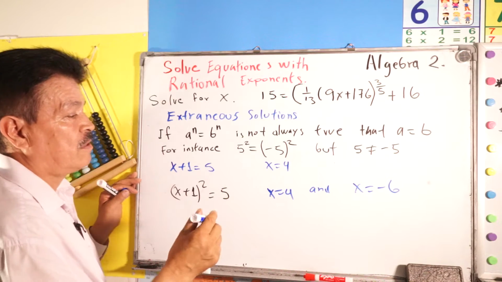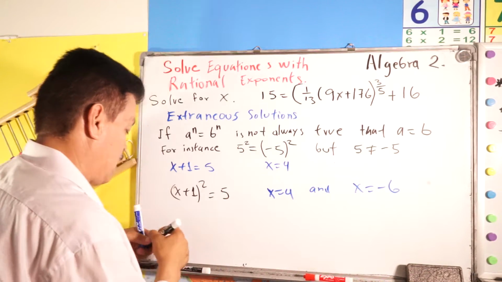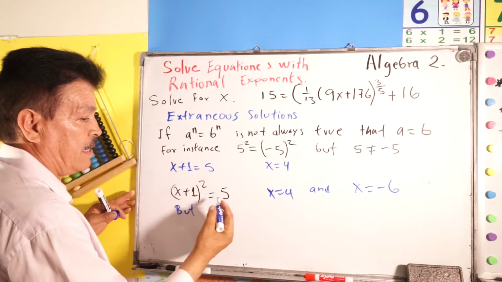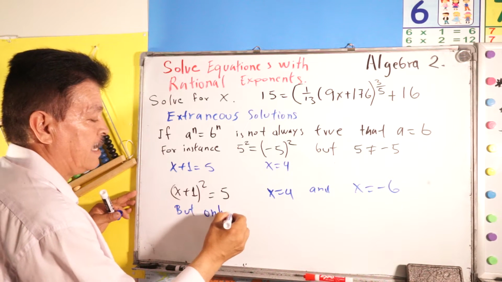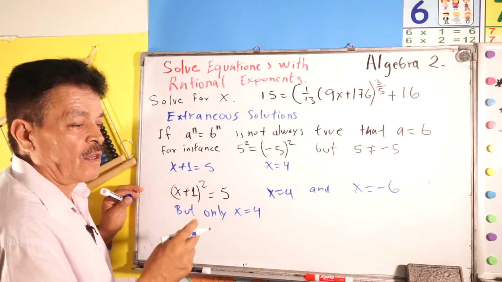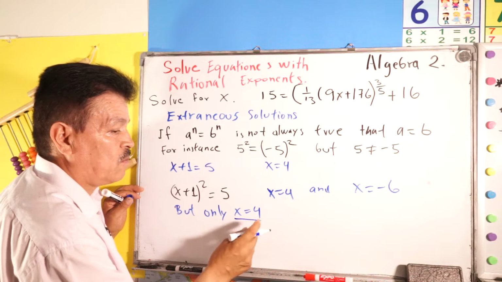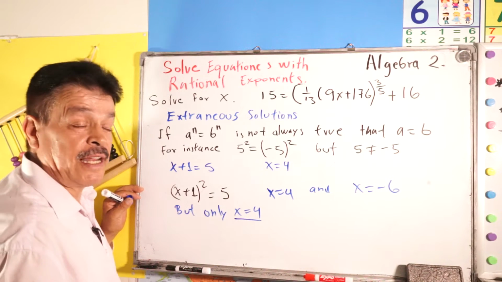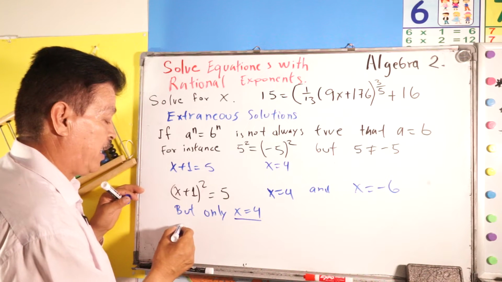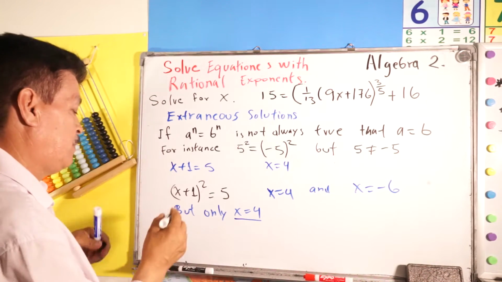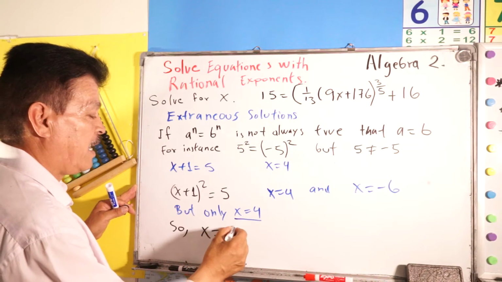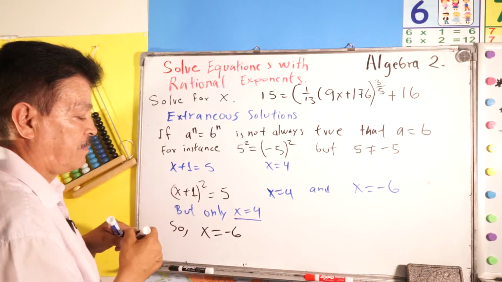But in this case, only x equals 4 made the original equation true. So x equals negative 6 does not.